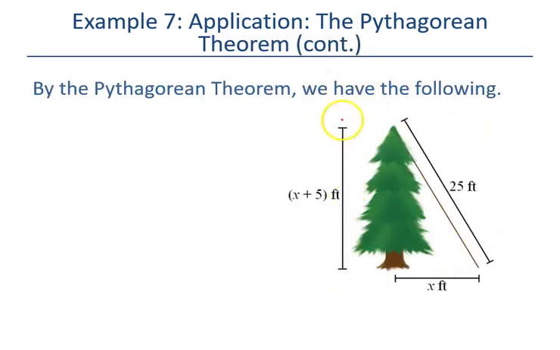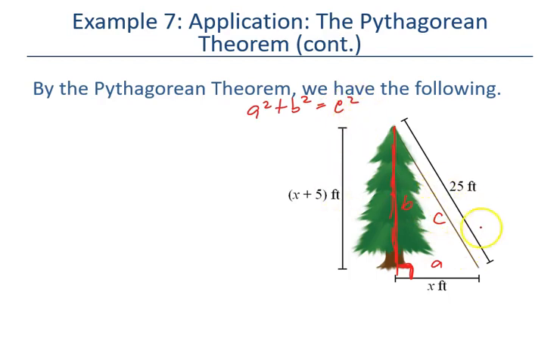Notice, if I draw a little line here, which is representing that length, this gives us a right triangle with side lengths A, B, and C. And if we're going to put this in the Pythagorean theorem, we've got A squared plus B squared equals C squared.